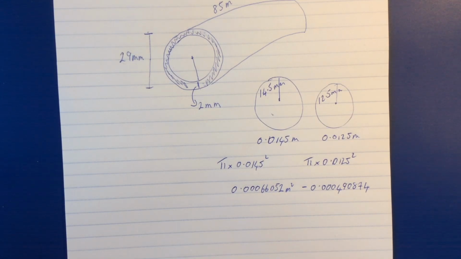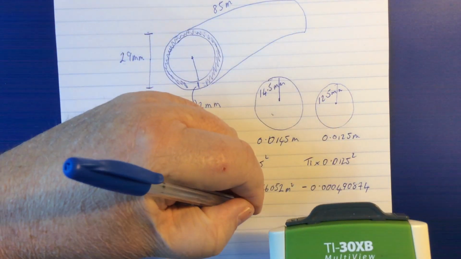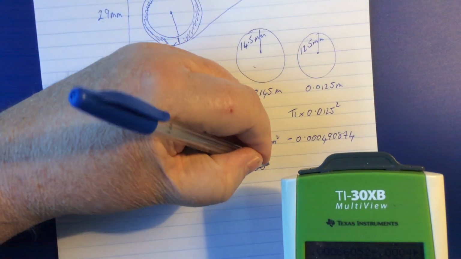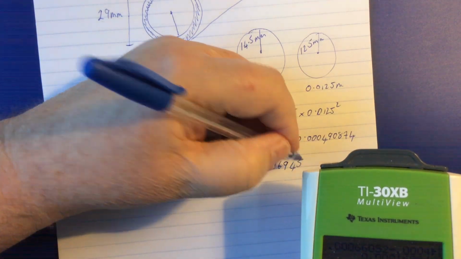So 0.000666052 minus 0.000490874, and that gives me quite a small number, as you can see, 0.000016945.